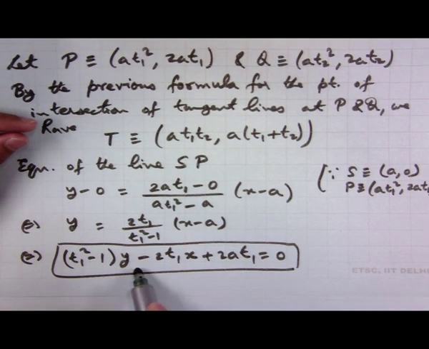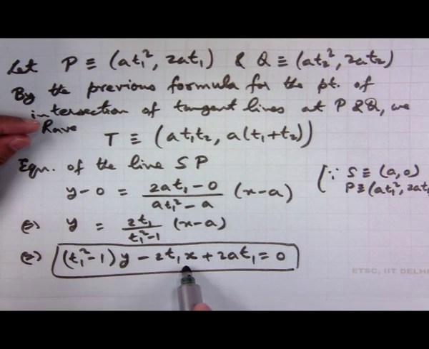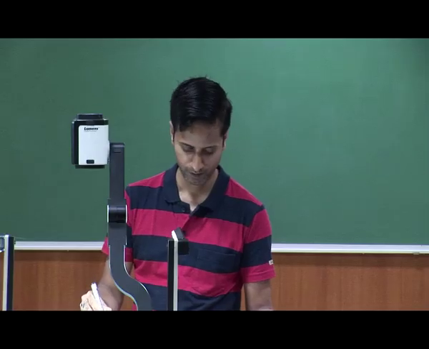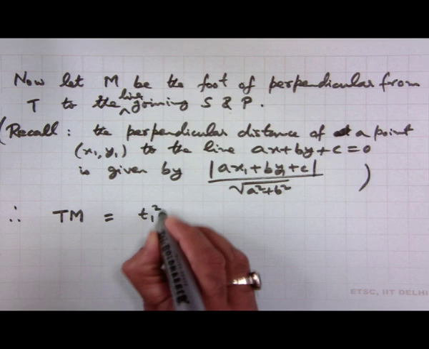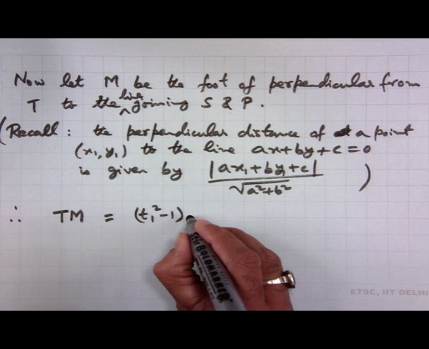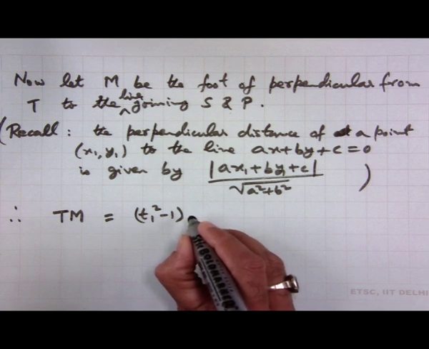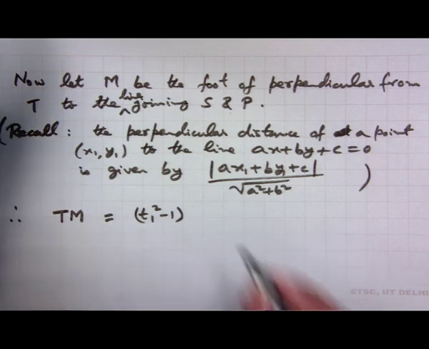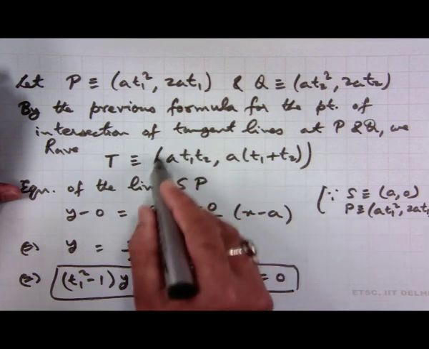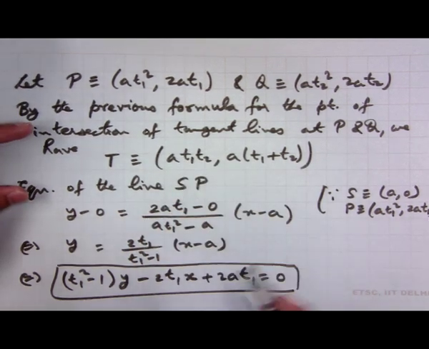So, we put (x1, y1) as the coordinates of T, since this is the perpendicular drawn from the point T. So, we put x1 equal to a t1 t2 and y1 equal to a(t1 plus t2).